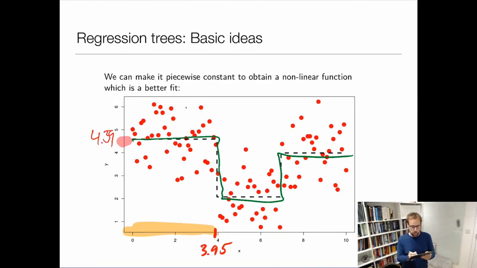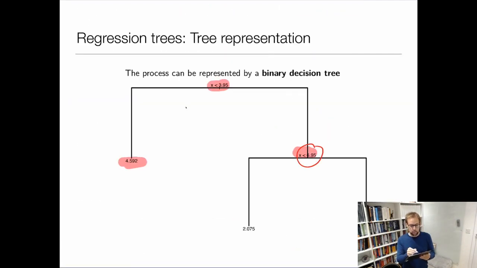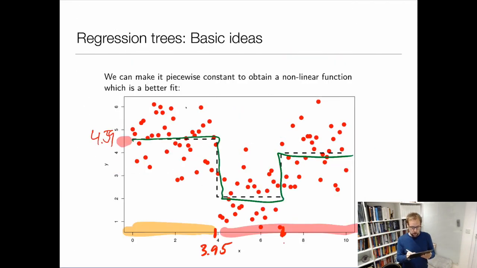Now I'm on the right of this point here, and now I'm splitting at another point, which is this one here, which is exactly this 6.95. So now, if I'm below 3.95, I directly output this value.